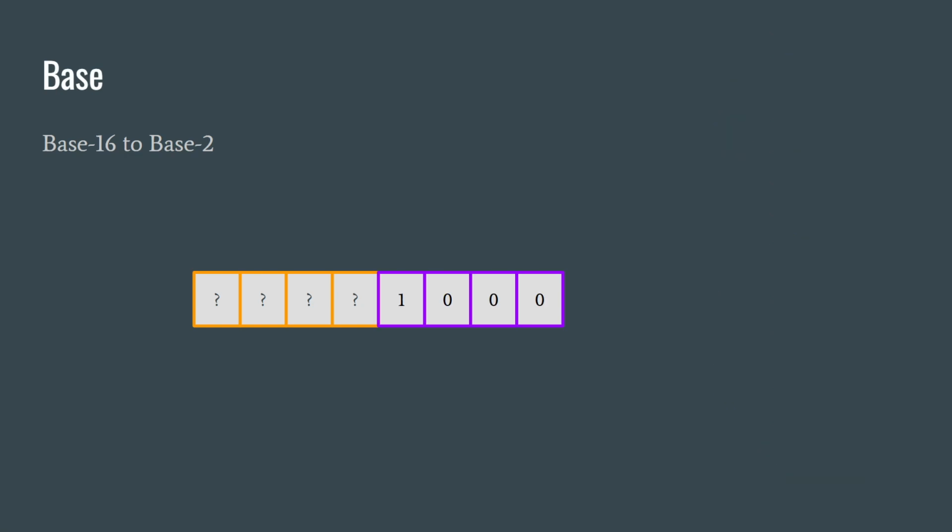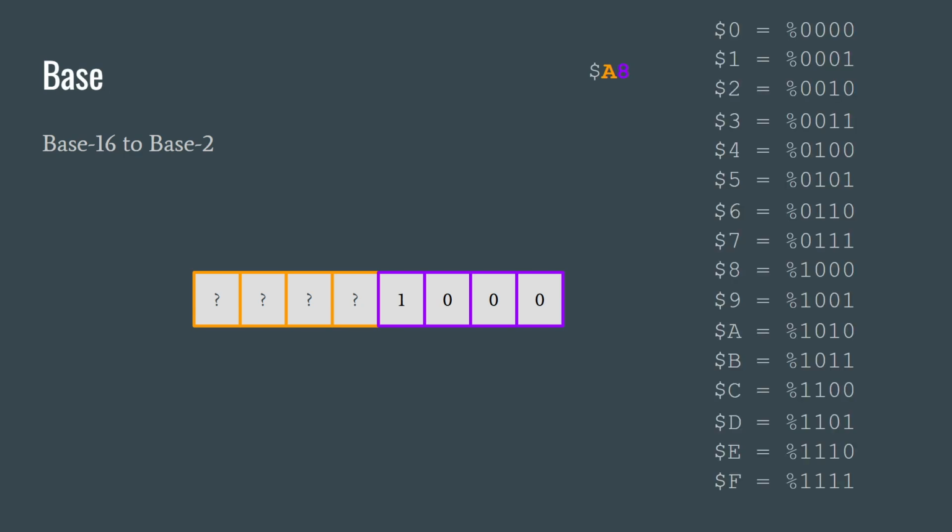Alright. So looking at this number A8 that we want to convert again, I'm going to do 1 nibble at a time, like we mentioned. So we take 8, we look up in our chart, 8 is represented here in binary, and so we just put that in that nibble right there. And, you know, obviously we can look at that and say, yeah, of course that's 8.